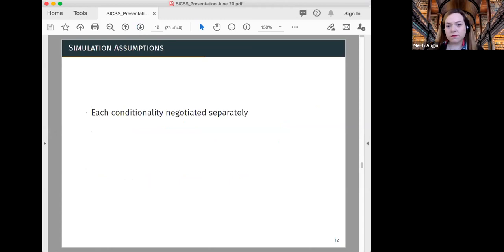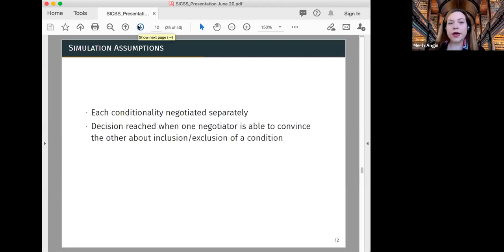Which obviously involves back and forth discussions between the IMF staff and borrowing country bureaucrats, as well as between the bureaucrats and the borrowing country government. And so a decision is reached when one of the negotiators is able to convince the other of the necessity to include specific conditionality in or exclude it from the program.